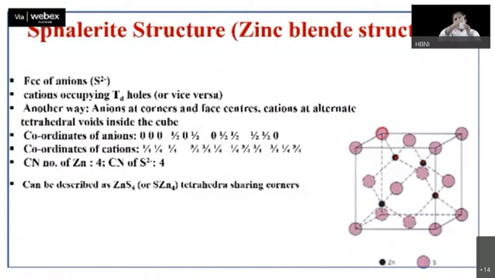Now you will get 4 cuboids. I also dissect it along this way. Now you will get 8 small cubes making that big cube, 4 cuboids at the top and 4 at the bottom. And the center of each small cube in an FCC lattice is a tetrahedral void.